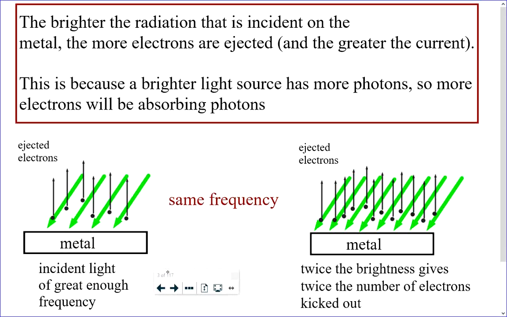So when we talk about the brightness or the intensity of the light, not the frequency, we're really talking about how many photons there are packed together in a certain area. If something is twice as bright, there's twice as many photons striking the metal at any point in time. And if you have more photons, you're going to get more electrons.